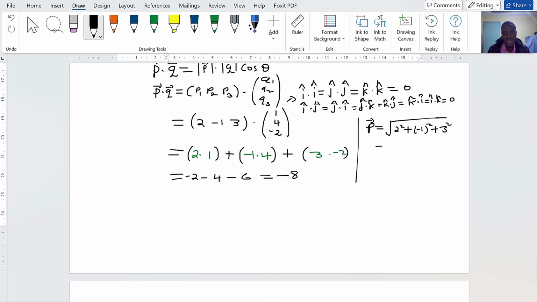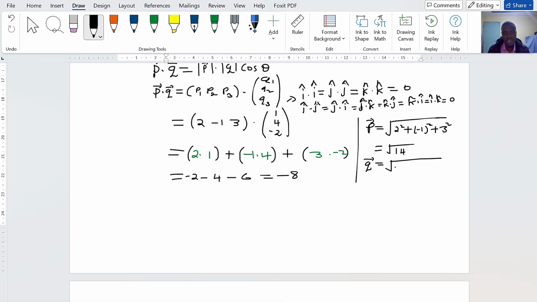So the magnitude for P is the square root of 2 squared is 4, 4 plus 1 is 5, 5 plus 9 is 14.